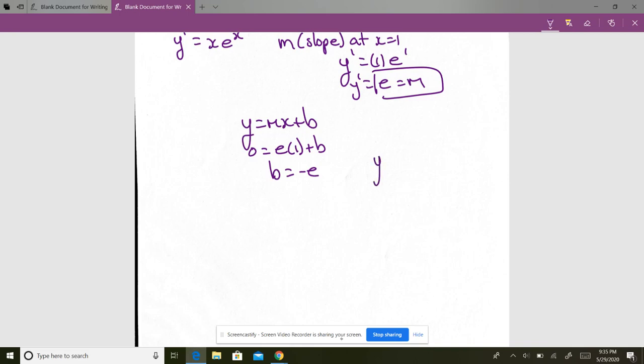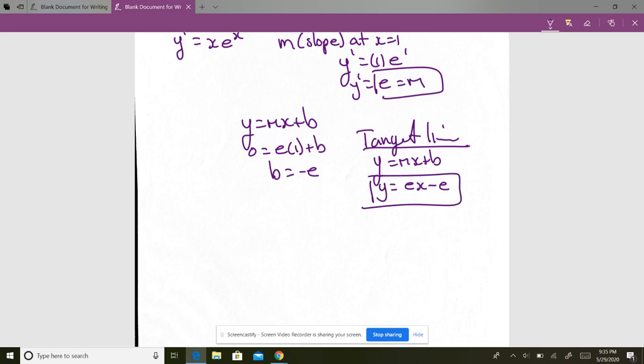So the tangent line, and the reason I'm doing this question is because it has lots of e's in it, do not write the number 2.718, write e, please, is y equals mx plus b. My slope is e. My y-intercept is negative e. There's the equation of the tangent line: y equals e x minus e. I think they look kind of cool, but you may disagree.